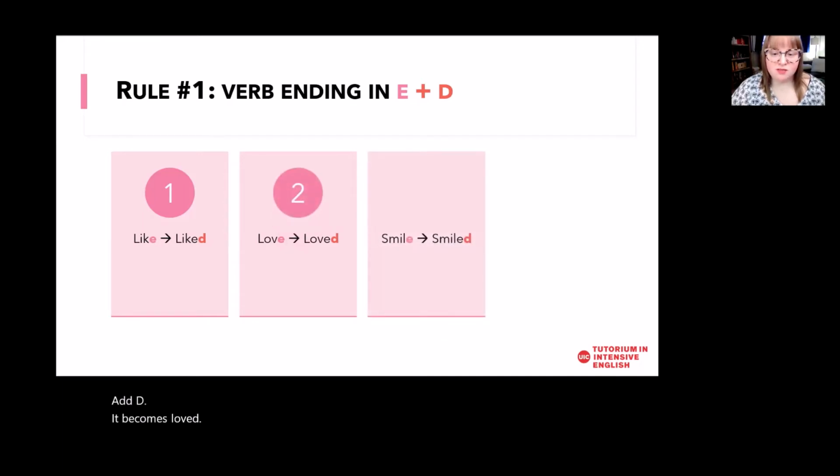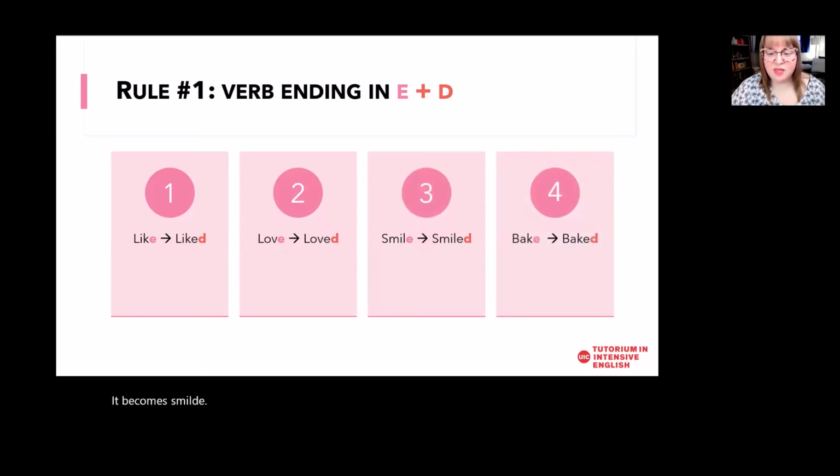Smile ends in E, add D, it becomes smiled. Lastly, bake ends in E, add D, it becomes baked. Okay, not bad. Let's look at rule 2.